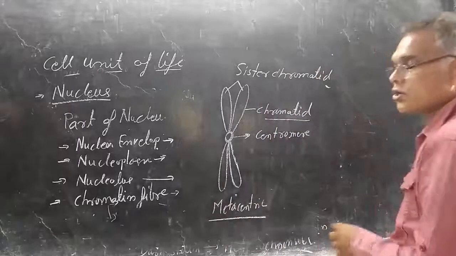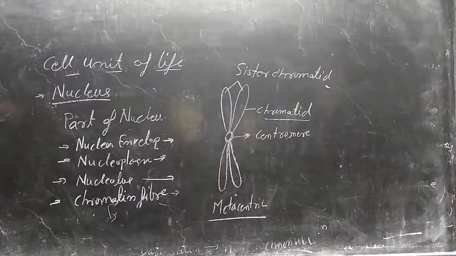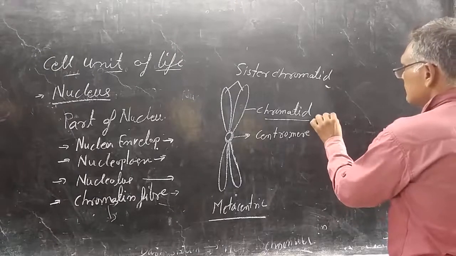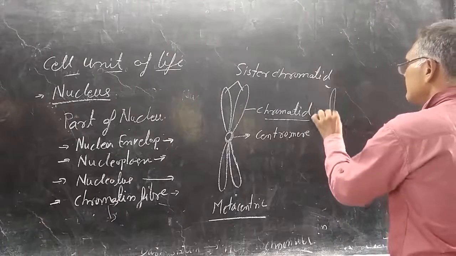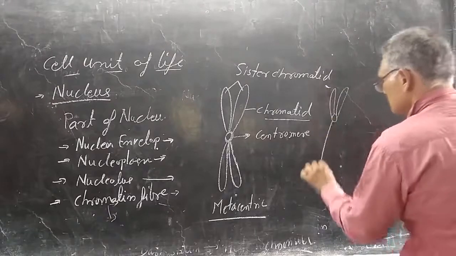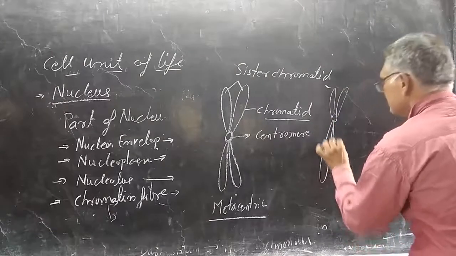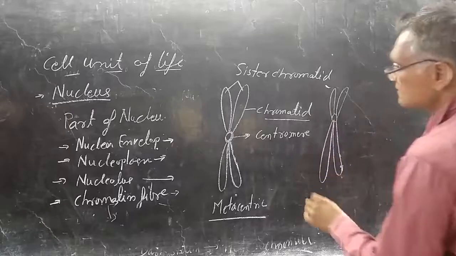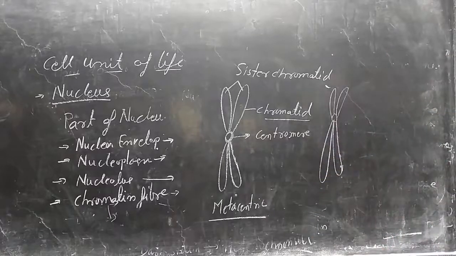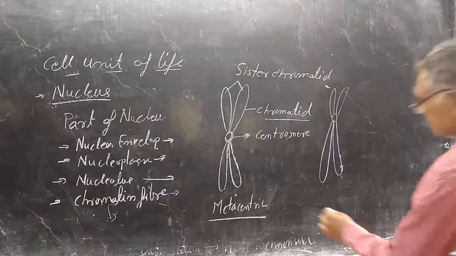If the centromere is slightly towards one end, where one branch is slightly larger than the other branch, such a chromosome is known as submetacentric.